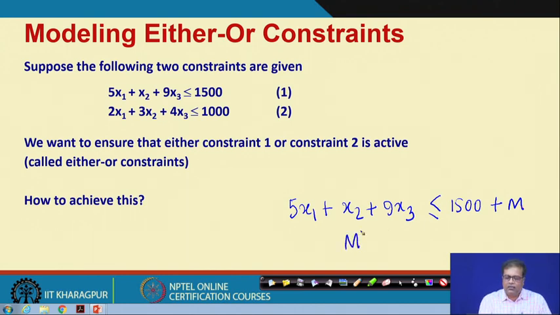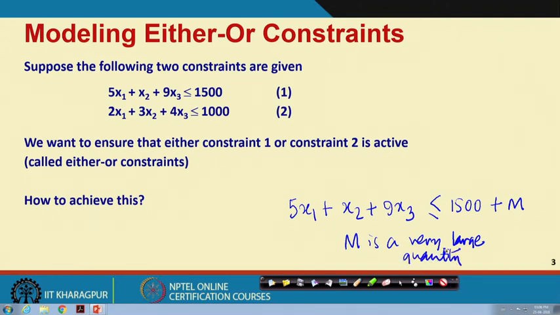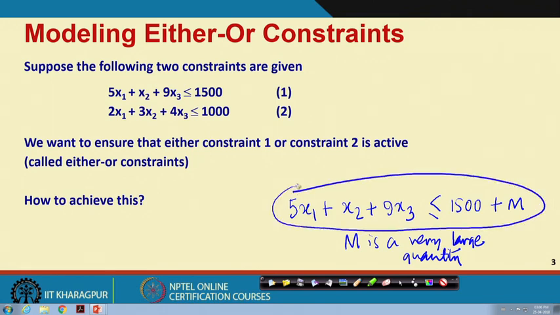M is a very large quantity. If we write like this, then what will happen? Then this constraint is redundant.